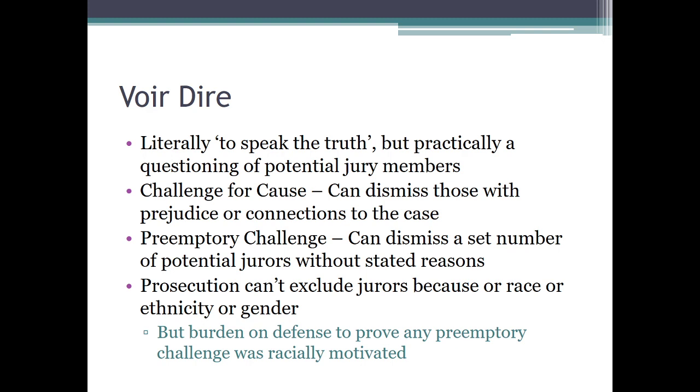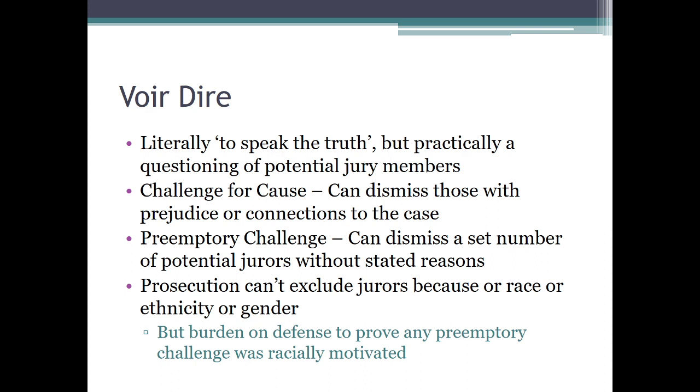And you can have as many of those as you need. If you find 10 people that are prejudiced, or 10 people that are drunks, or 10 people that are crazy, you can challenge them all and keep them all off the jury. But at a certain point, you're going to run across people that you don't want on the jury because maybe they look like they're going to convict your client, or if you're the prosecution, that they're going to acquit.